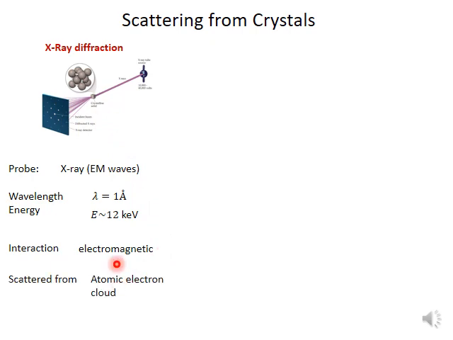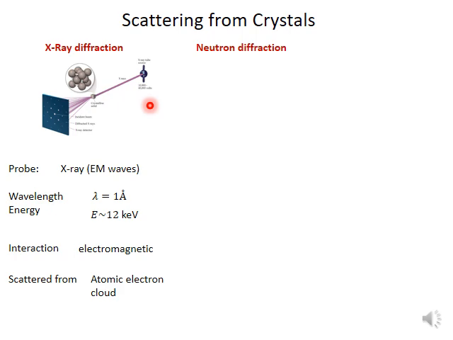The interaction is with the atomic cloud, because the electron cloud is surrounding the nucleus. So the incident electromagnetic wave would see the electronic cloud, interact with it, and scatter off it.